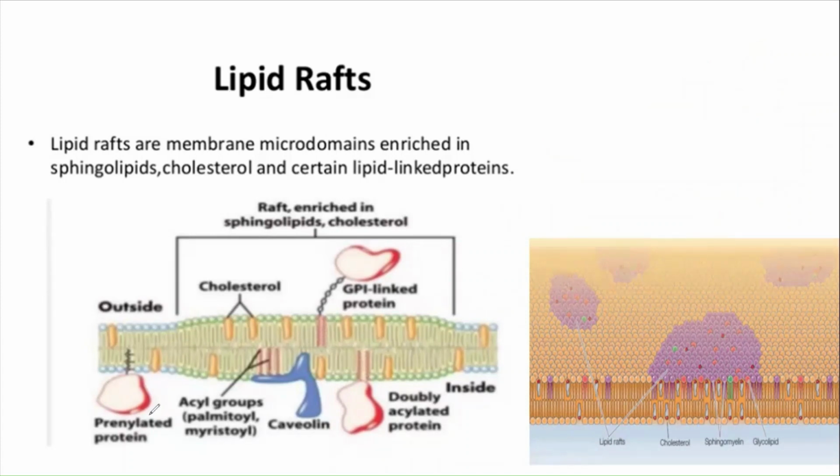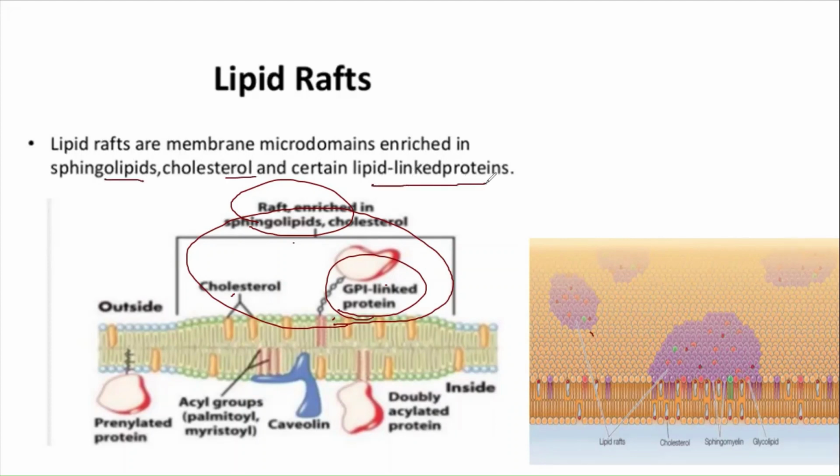Okay. Now look over here. You can see that sphingolipids are outside, and of course GPI, glycosylphosphatidylinositol-linked proteins, correct, remember. This is required for your cell signaling, I already told you. Then cholesterol is there, sphingolipids are there, so all this together forms a raft. They are membrane microdomains enriched in sphingolipids, cholesterol, and certain lipid-linked proteins.